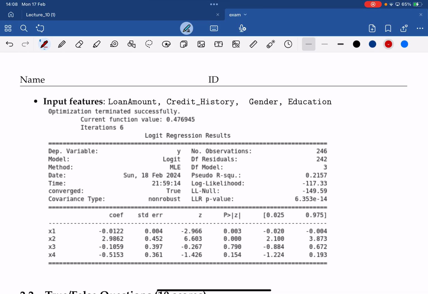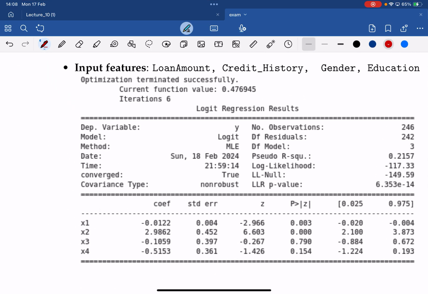You can consider multiple input features, and maybe the question would be asking you to look at the coefficient, or the p-value, and provide your analysis. Let's say in this example, you could probably tell that x2 is very important because the p-value is closest to 0 and the coefficient value is very high. The second most important could be this one or this one.